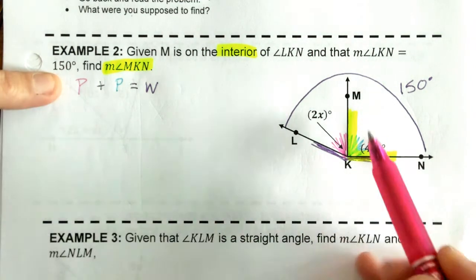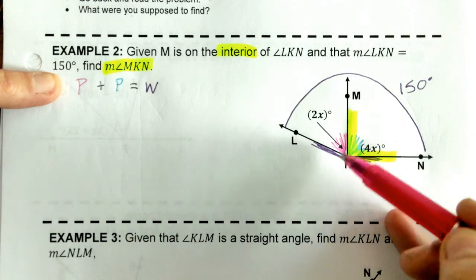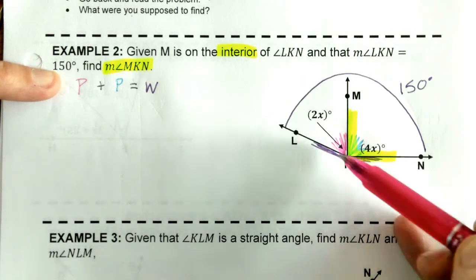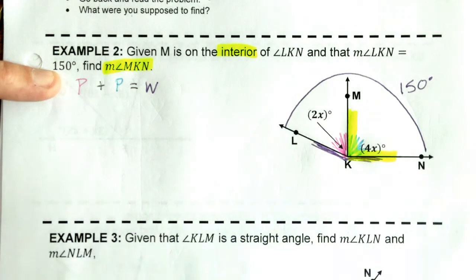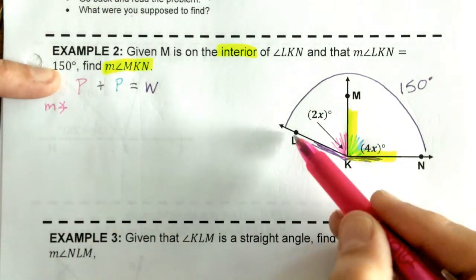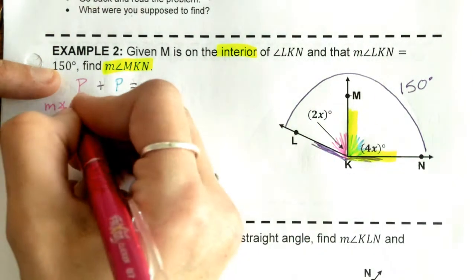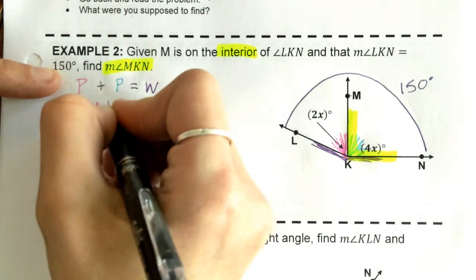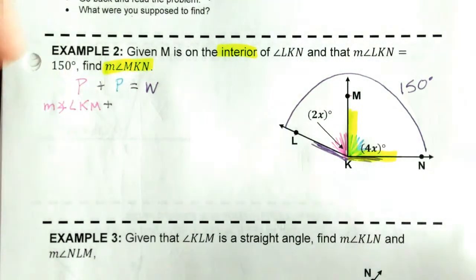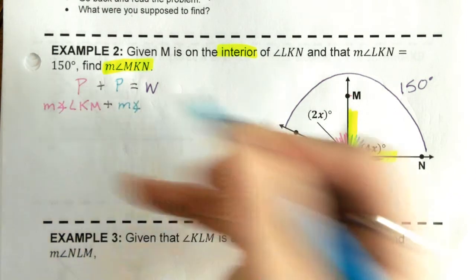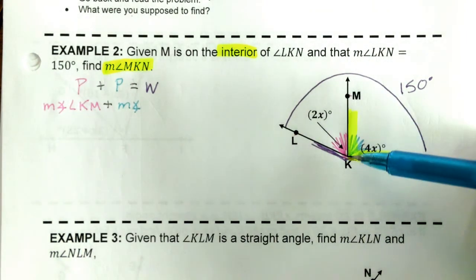My first part, I put in pink. So I'm going to find that angle, right? We're going to take the measurement of angle LKM, or whatever color you did, your corresponding or matching. We're going to add the other parts, which will be the measurement of angle MKN.